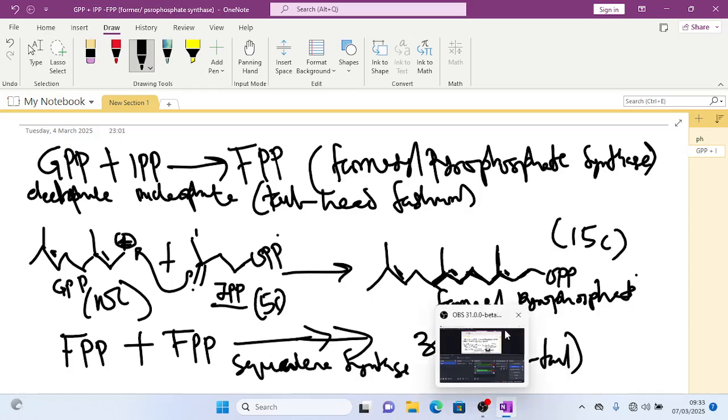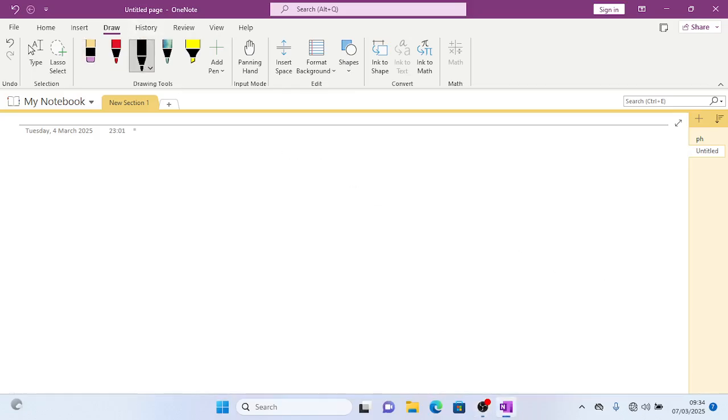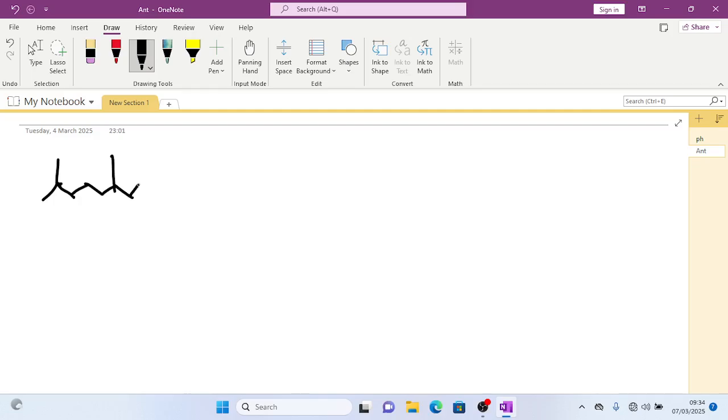Okay, give me a minute to erase this. Okay, so how does our squalene look like? First, we look at the structure of two farnesyl pyrophosphates. Now they combine in a tail-to-tail fashion. You have this, combining with this.